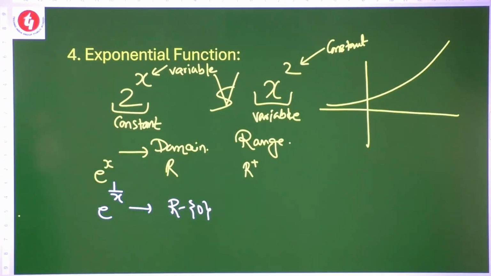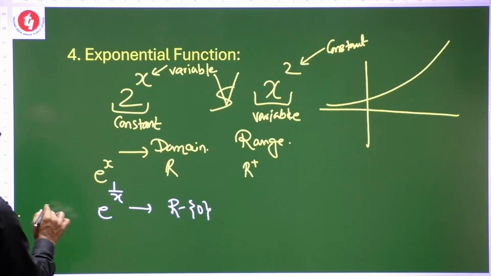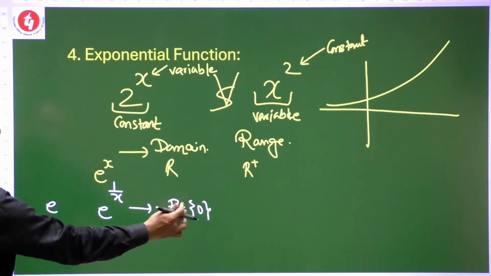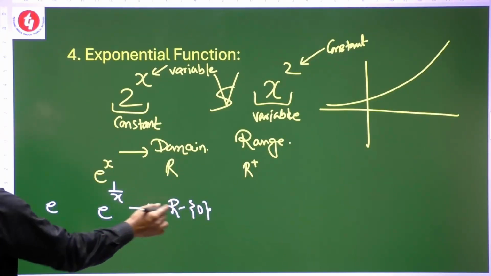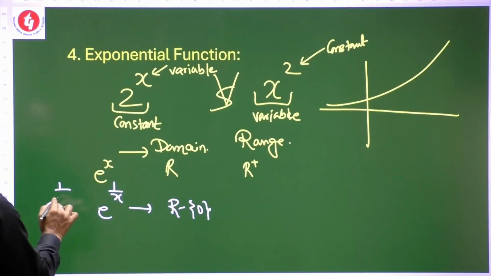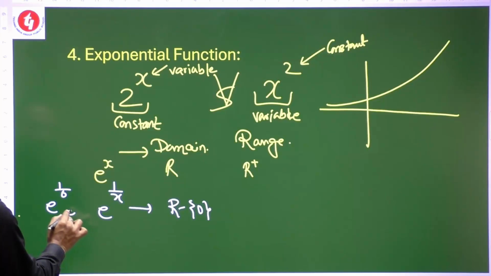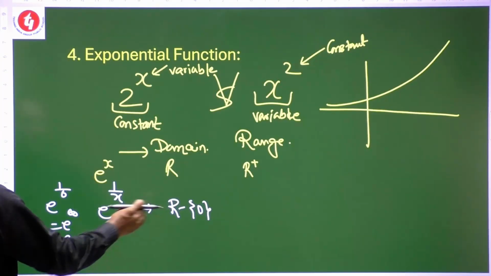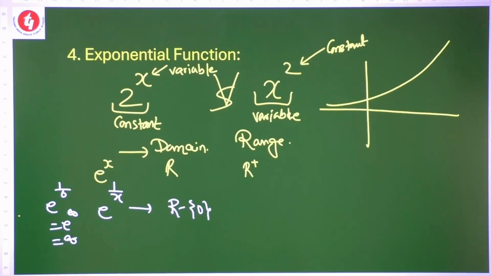Okay now, what is our range? If you put 1 by 0, you will get e to the power infinity, which tends to infinity. So for this reason 0 is removed from the domain, because for x equal to 0 the output is not real.